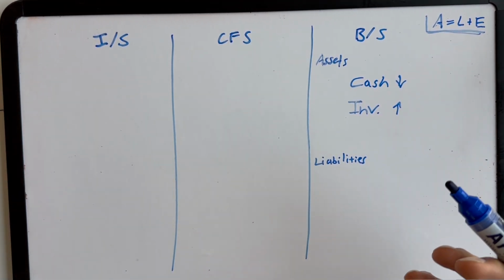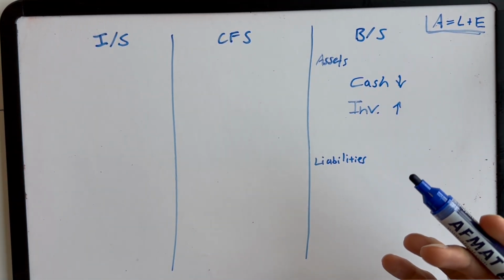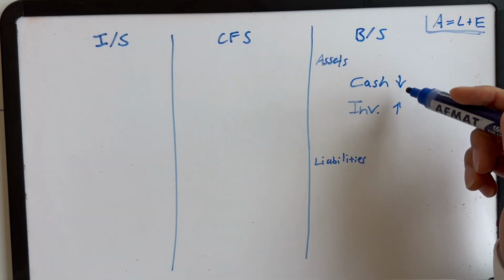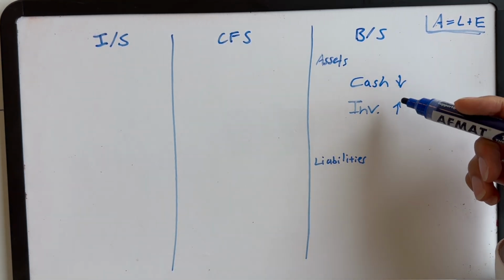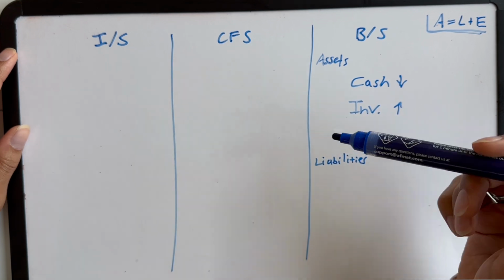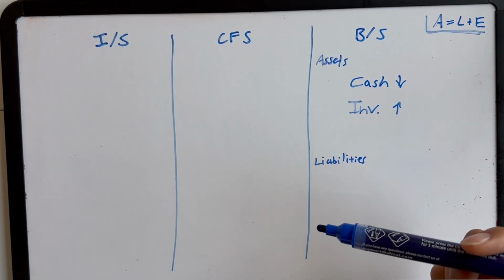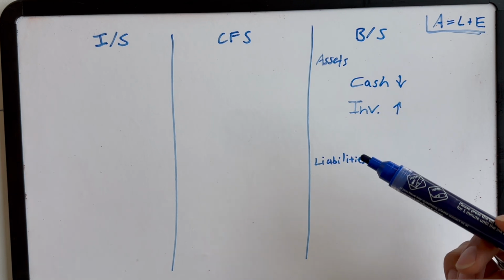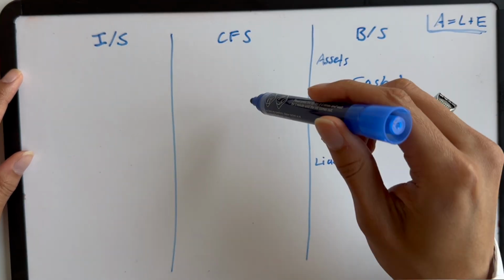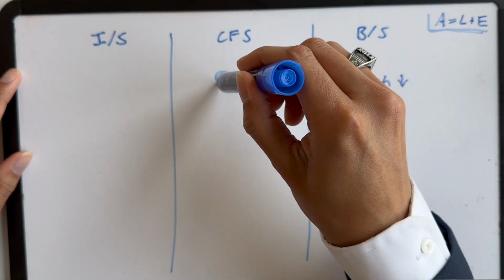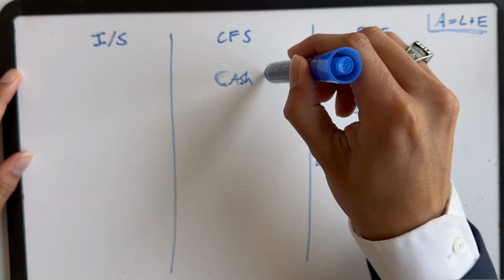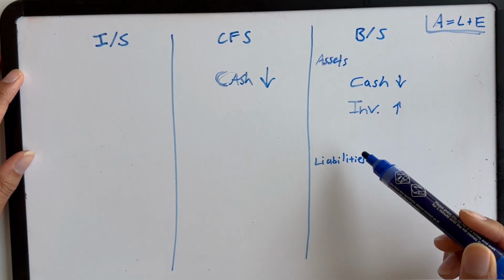So this is a very simple scenario in which your asset is going down, but another type of asset is going up. Your cash flow statement, remember, the cash is flowing out of the business because you need to actually buy the equipment. So cash is leaving the cash flow statement, is going down.